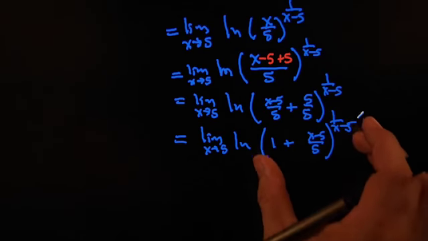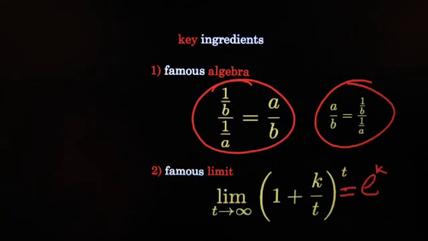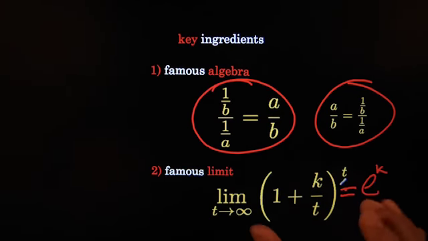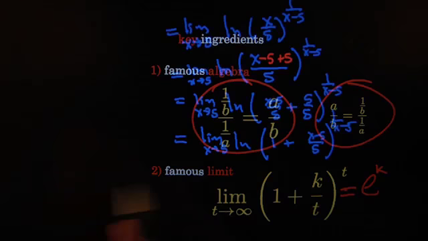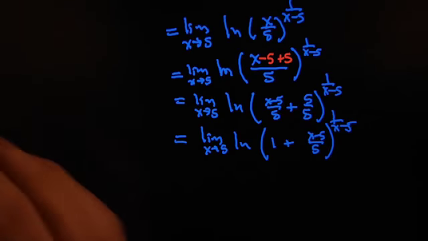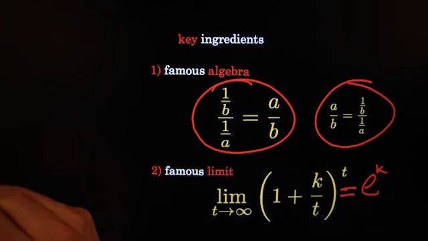And slowly, you know where I'm going with this. I'm going towards this famous limit here, the limit of 1 plus k over t raised to the t as t goes to infinity is equal to e to the k. I'm going to try to use this famous idea to simplify the problem at hand. This is the problem at hand. This is what I'm going to try to use to simplify it.